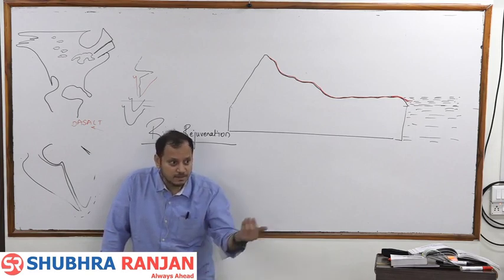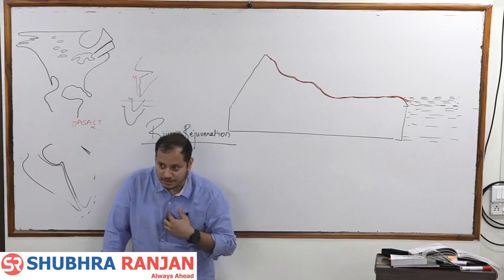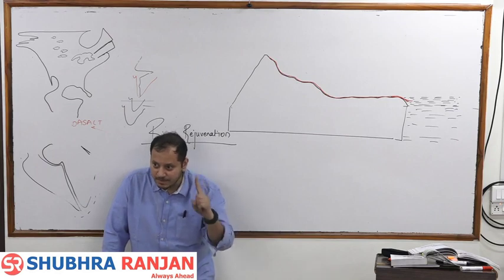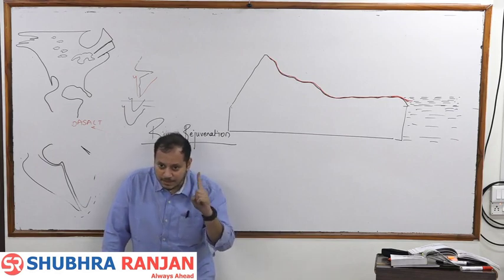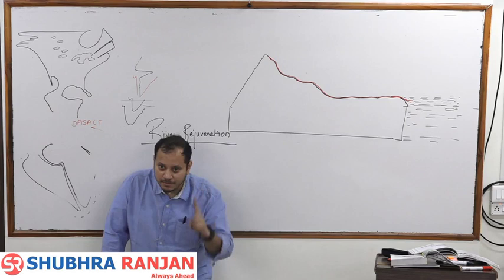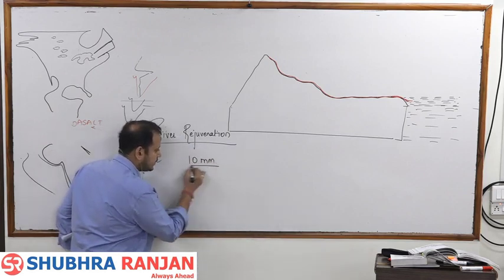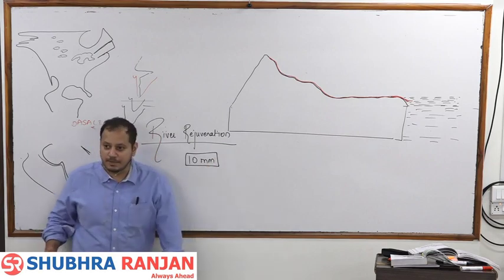Rise in the sea level may be caused due to melting of the glaciers. For example, a 1 degree Celsius increase in the temperature will increase the sea level by 10 millimeters.